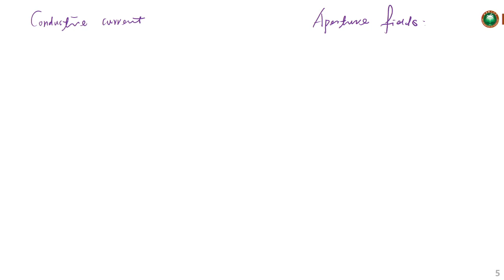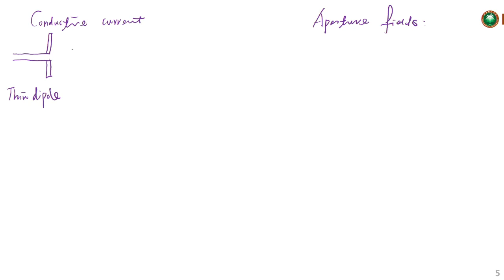All right, so the most typical antenna based on conductive current is the dipole. This is the thin dipole antenna. The current flows inside of it, and it can generate electromagnetic waves.